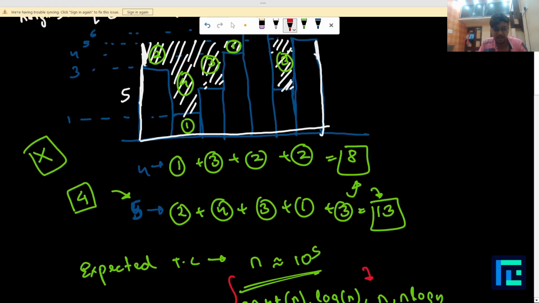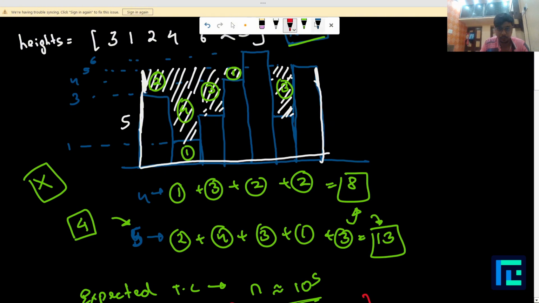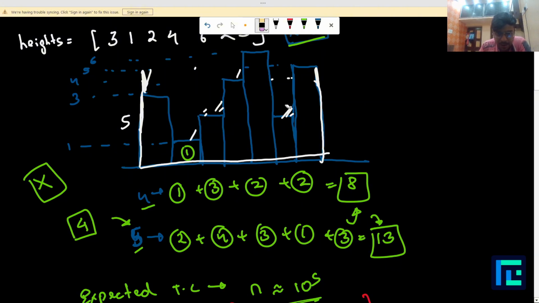So let's proceed with the solution, how we can actually solve this question and what the basic idea is. In this question, when we were building a tank of height 4, we required 8 units of water. When we were building a tank of height 5, we required 13 units of water. Let me make a slight change and suppose I am building a tank of height 3.